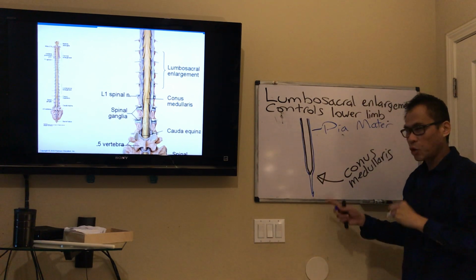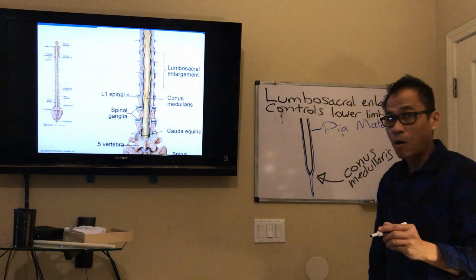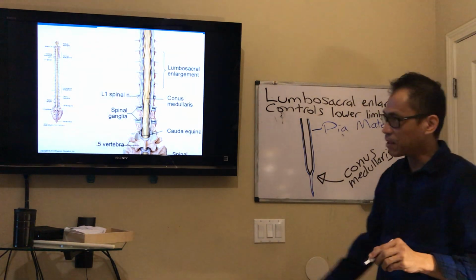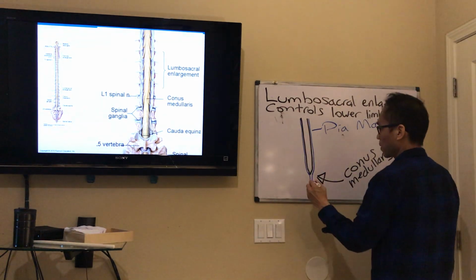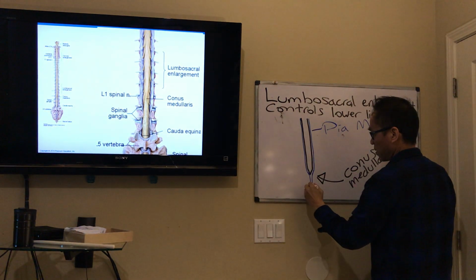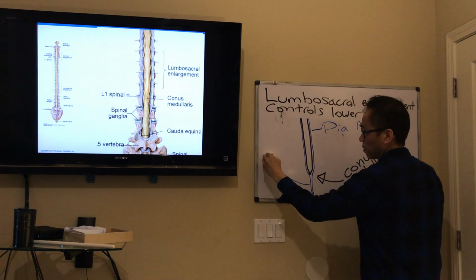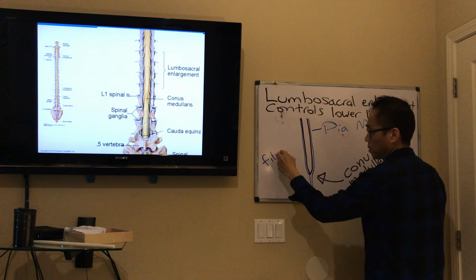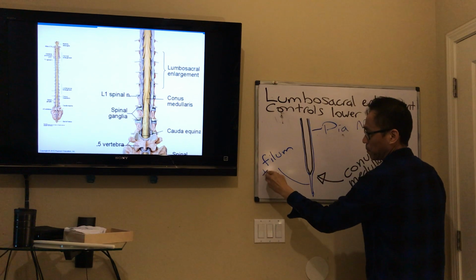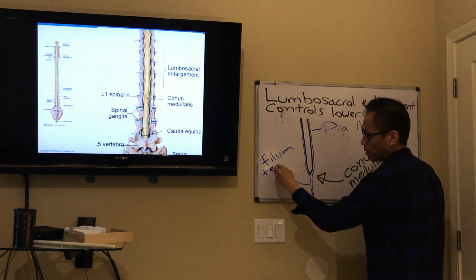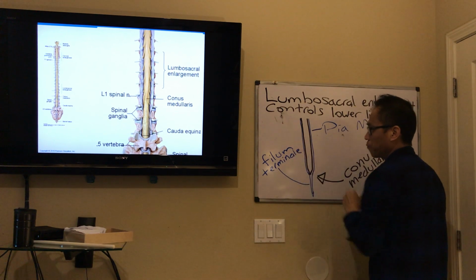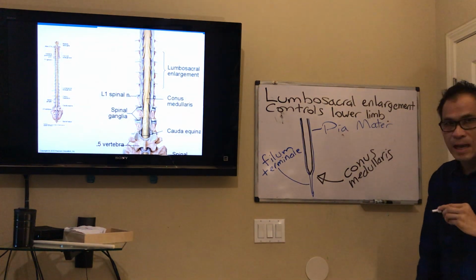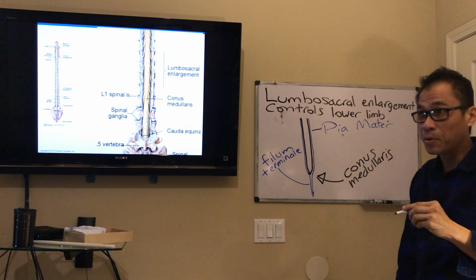That little terminal thread, which we call the Filum Terminale. It's not on this figure, but it's on the next one. The Filum Terminale is an extension of the Pia Mater.